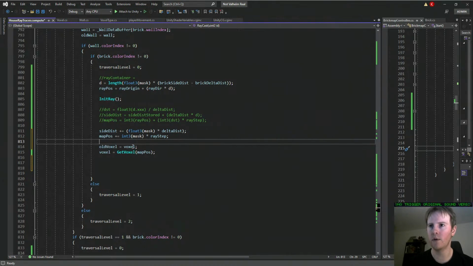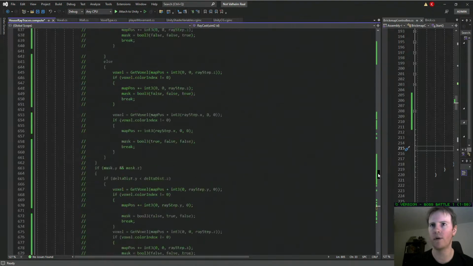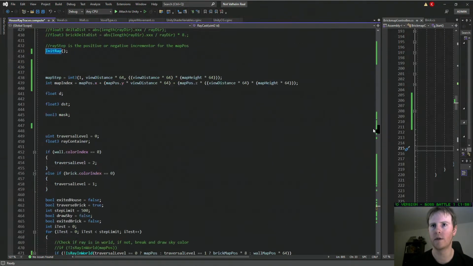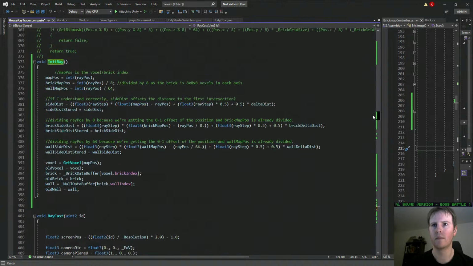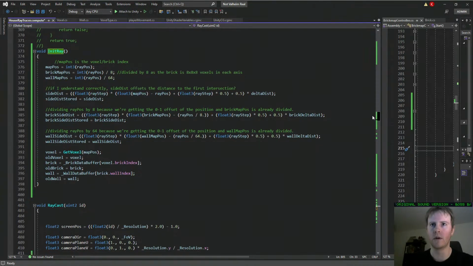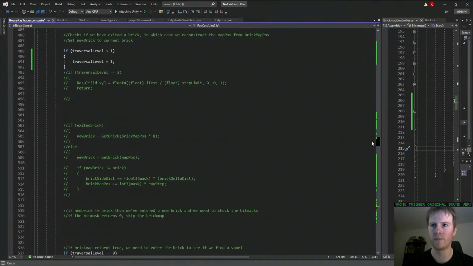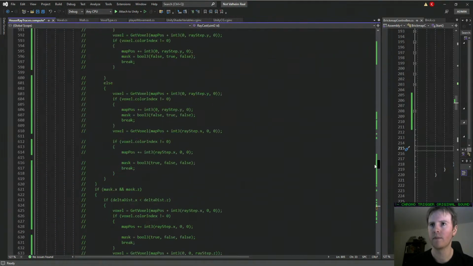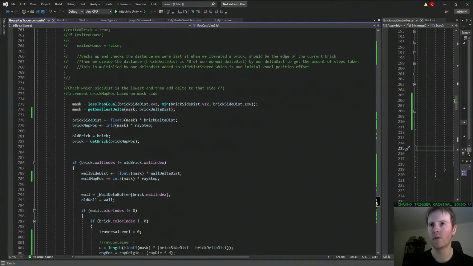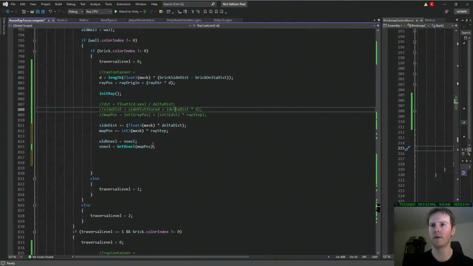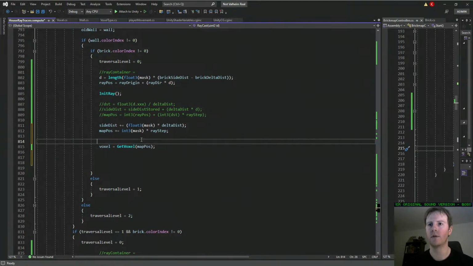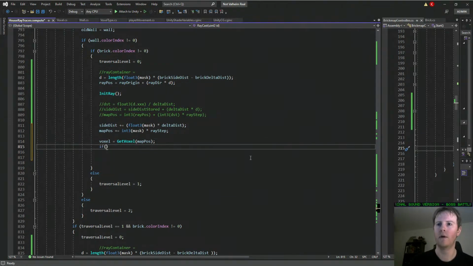Old voxel, we save the old voxel. In fact, the init ray already does that. It sets the voxel to the new map position there, and it also sets the old voxel. So all we need to do now is get the voxel.